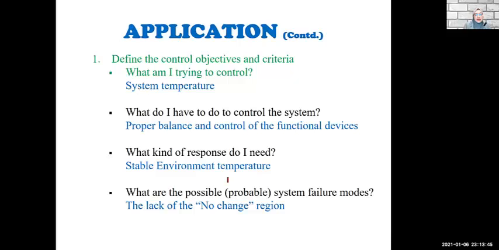So when the sensor sends the feedback to the controller, you can see that the difference between the command and the sensor is -5. So that means you need to set the cooler up so that it can reduce the room temperature. So this will proceed until the temperature is stable at 20 degrees Celsius, as what you need to set.